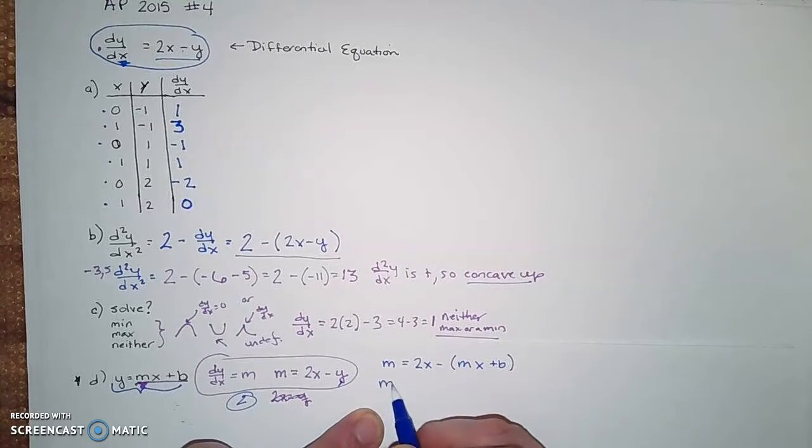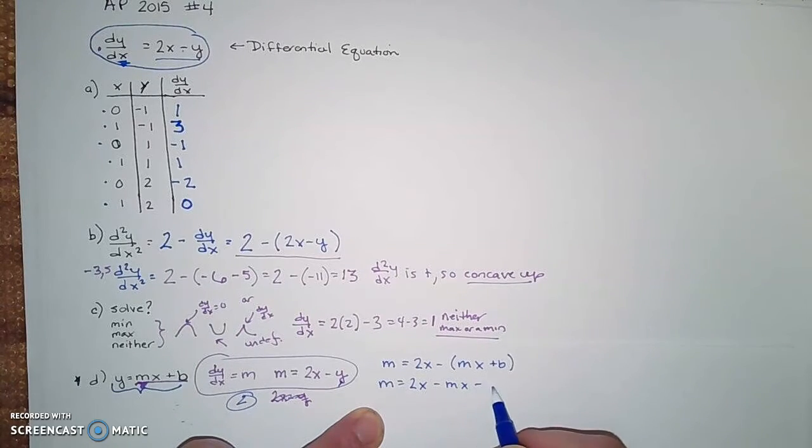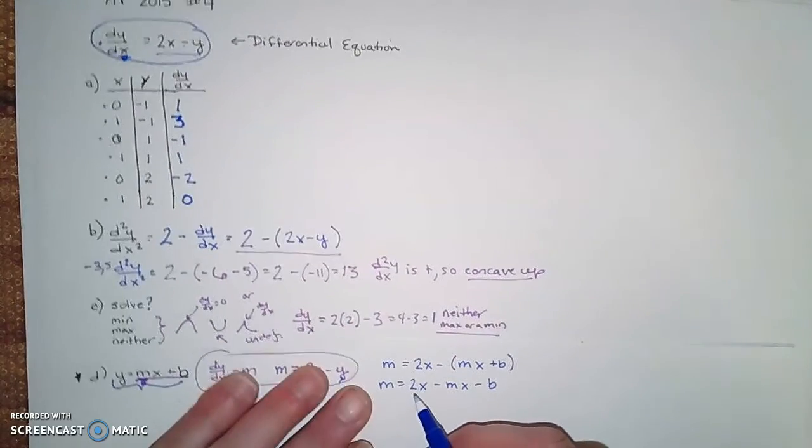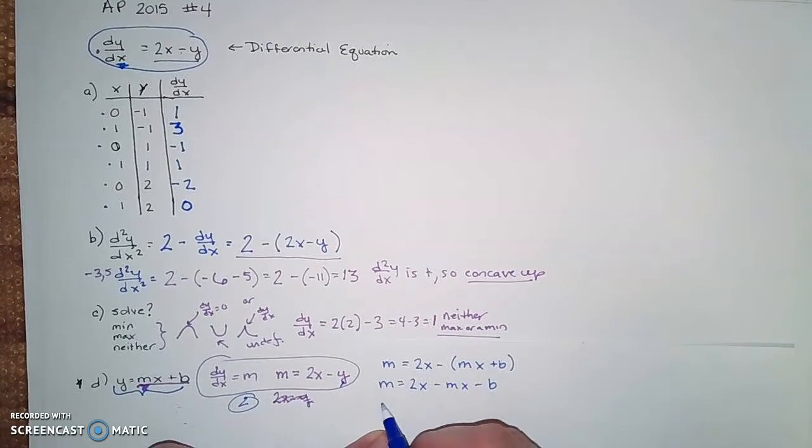I'm then going to distribute that minus sign and move everything to one side of the equation. I get m minus 2x plus mx plus b is equal to 0.